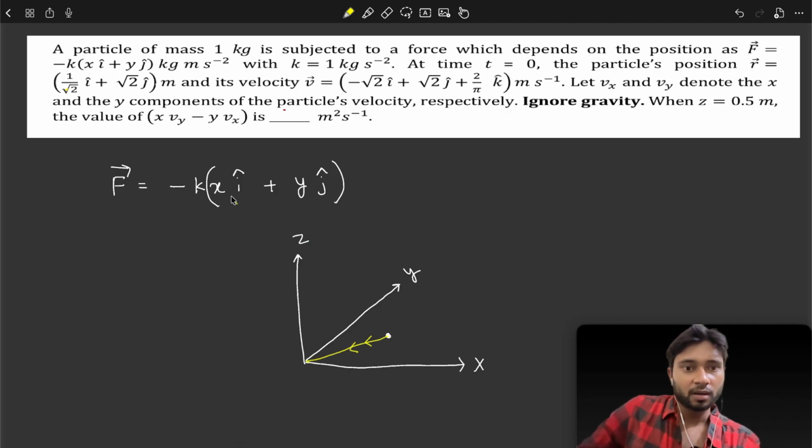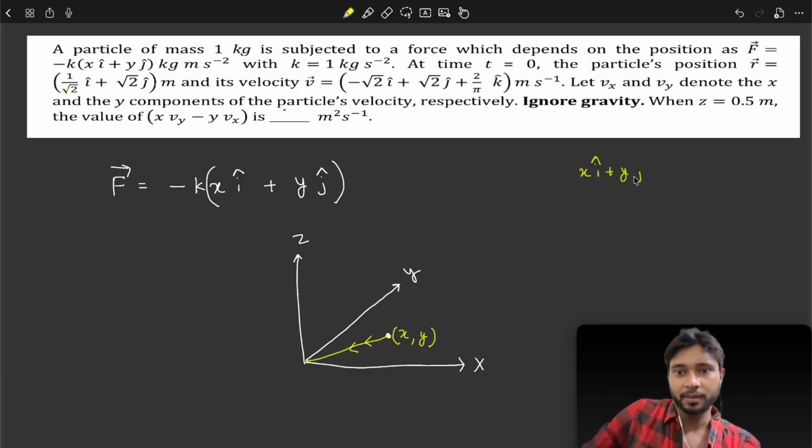I hope everyone agrees with this. Why? Because what is x i cap plus y j cap? If this coordinate is x comma y, I'm drawing it separately again. x i cap plus y j cap is nothing but the position vector from the origin.